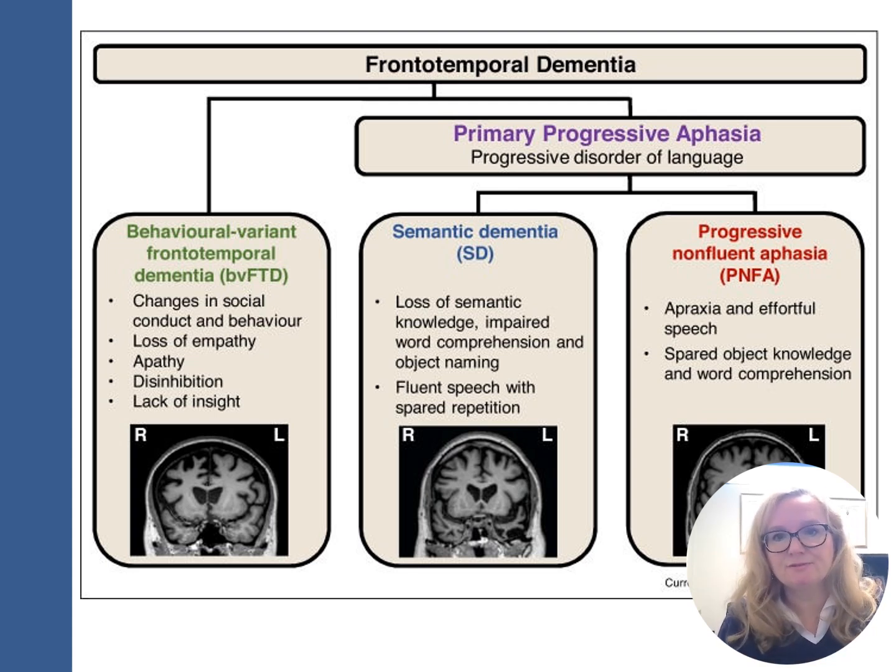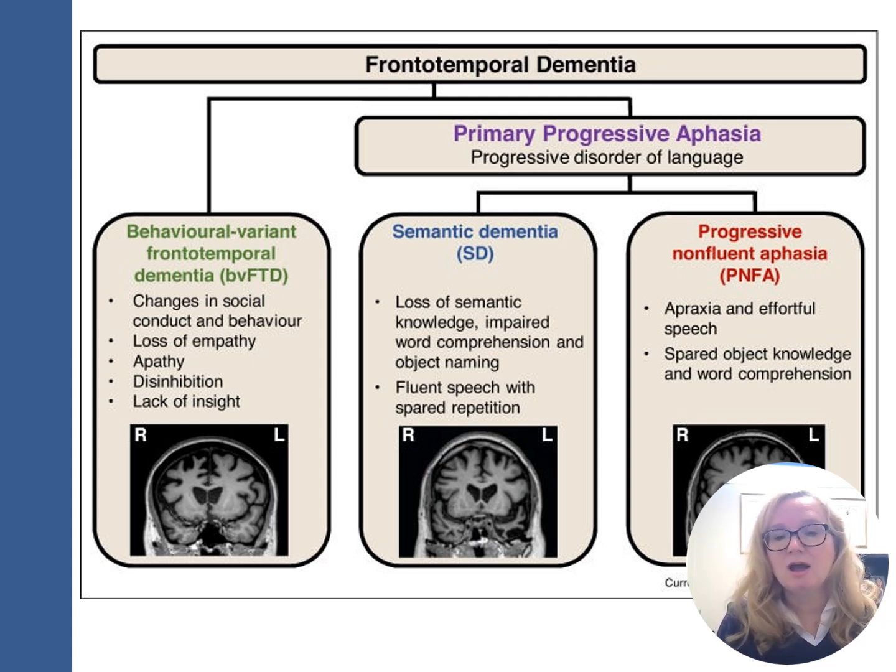And so there are different variants that we see in patients based on the damage. So, for example, when someone has mainly frontal problems first, they will show behaviors and cognition consistent with the functioning of that part of the brain deteriorating. For example, changes in social conduct and behavior, loss of empathy, apathy, disinhibition, lack of insight.